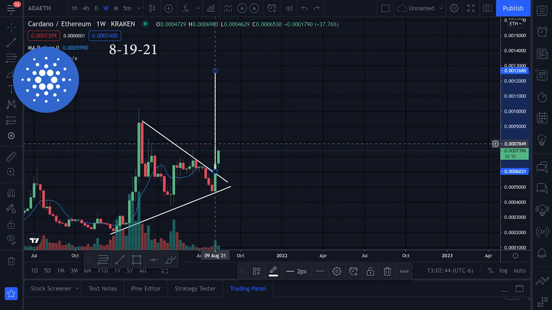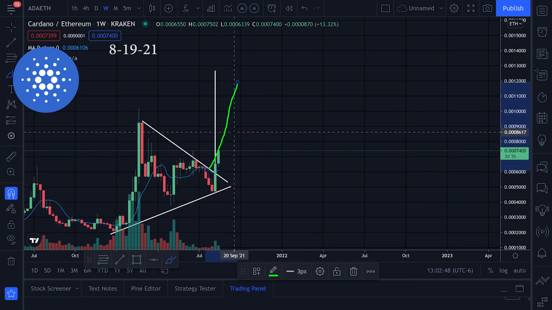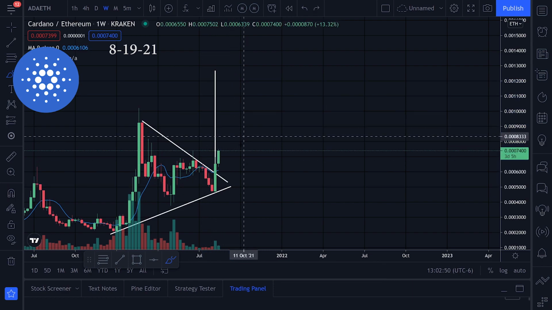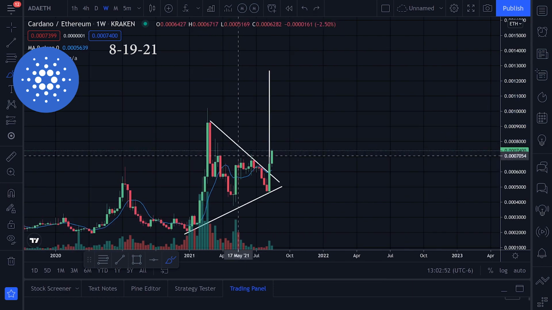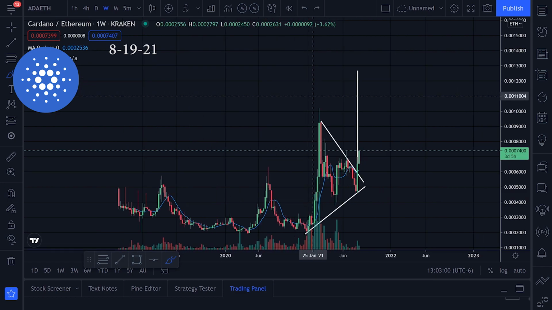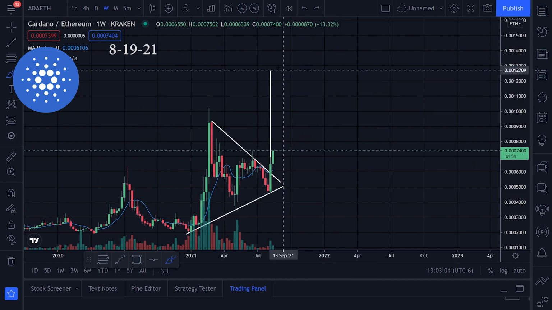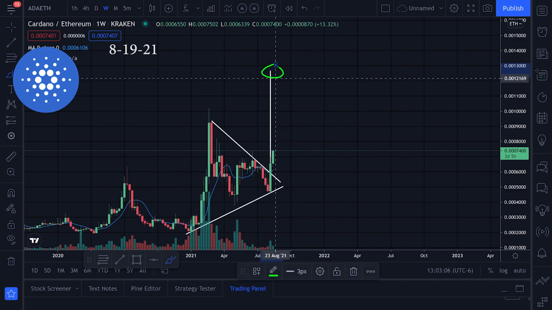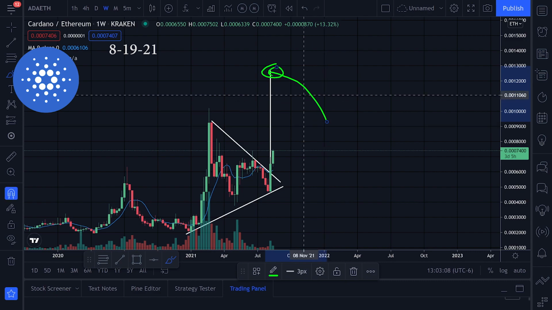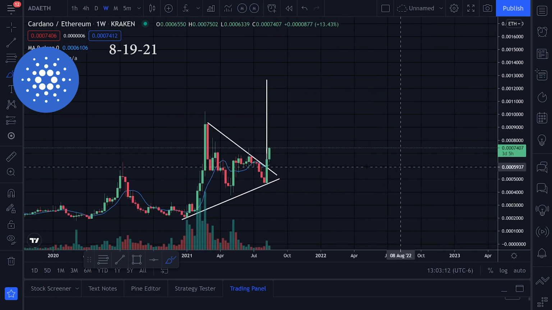So if it could keep this momentum going, Cardano will be doing better than Ethereum. And when it gets to these prices, we'll have to reevaluate what happens when we get to these targets. You might want to put some of this into Ethereum, or I mean, I don't know, it just depends. Maybe long term, but in general, it just looks good for Cardano.